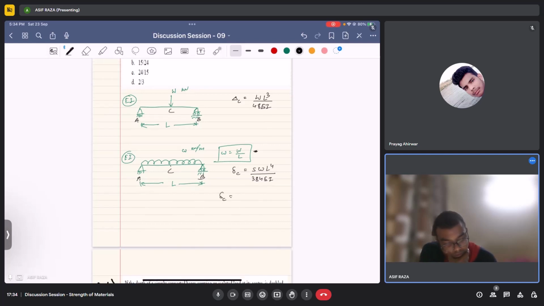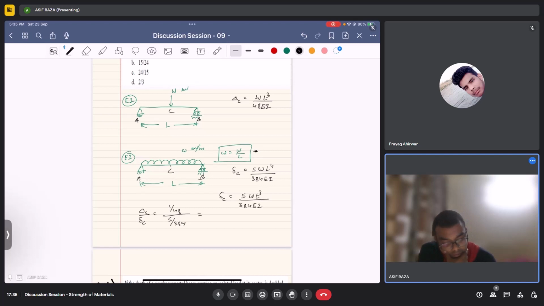If I use that relation, then it will reduce to 5WL^3 by 384EI. Now take the ratio of these two cases, delta C upon delta C. We'll get 1 upon 48 upon 5 by 384.